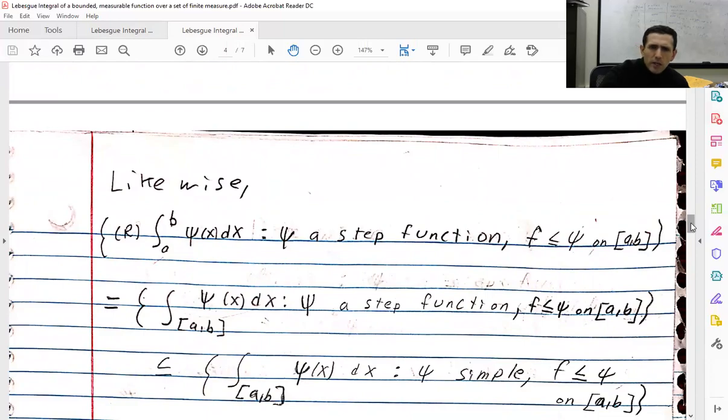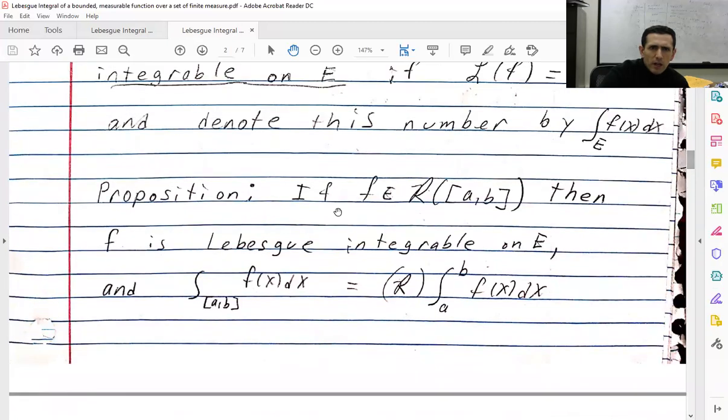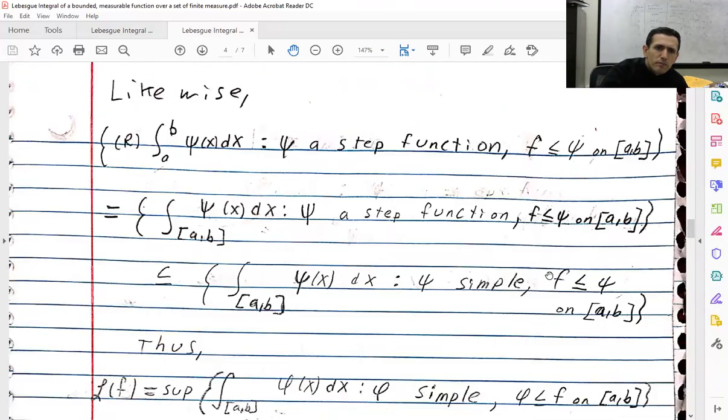And before I continue, I just want to point out a little typo here. We're proving that if f is Riemann integrable on a to b, then it's Lebesgue integrable on a to b. So it's a typo. There should not be an e. Instead, it should be a to b. Minor issue. Okay, right.